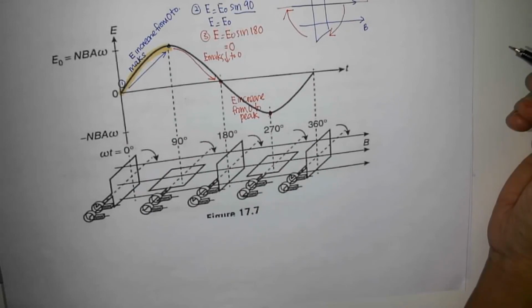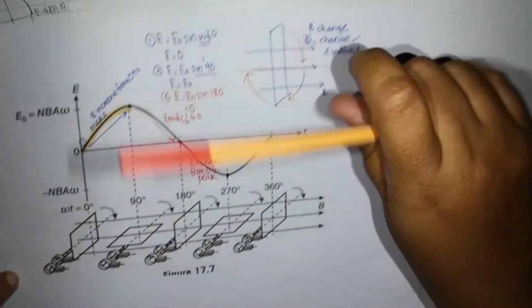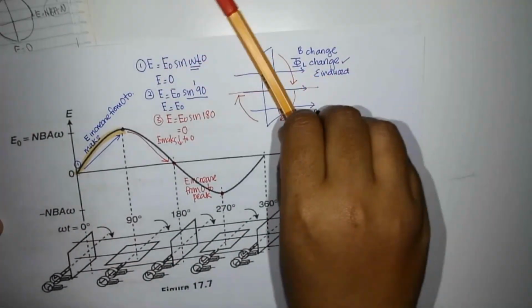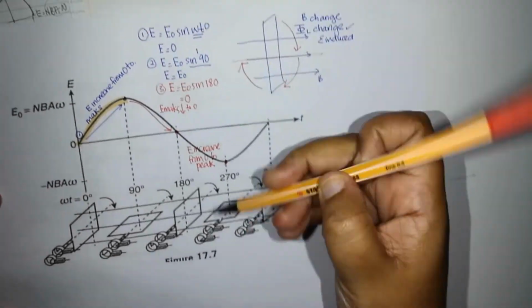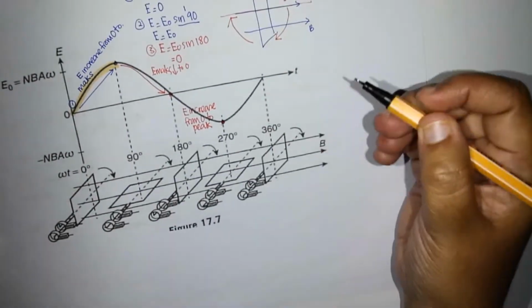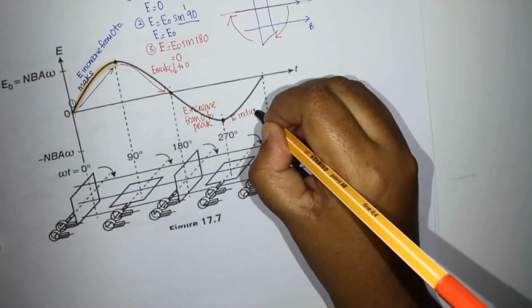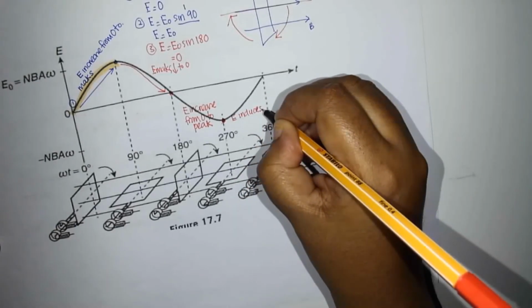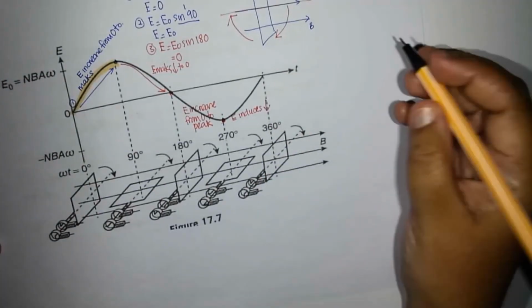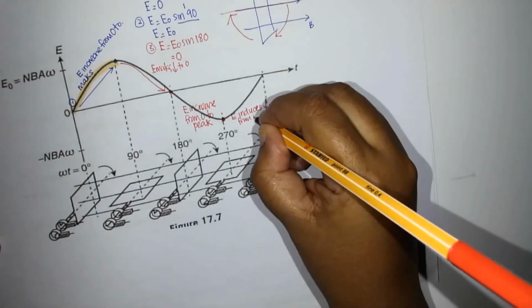Then what happens? Now it's already here. It cuts through the field, and the induced EMF decreases from maximum to 0.